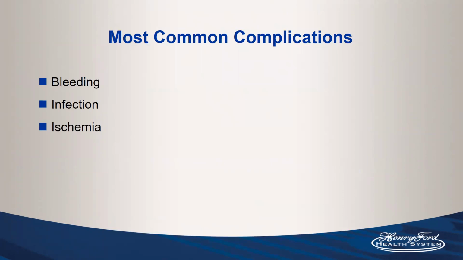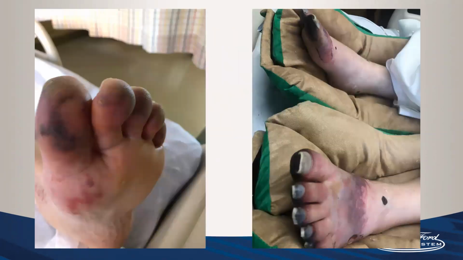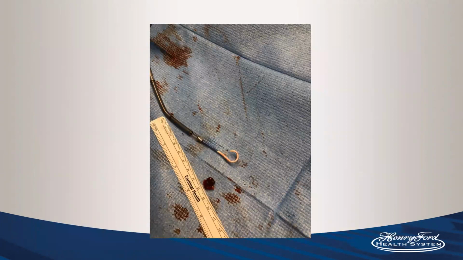Talk about some of the complications. So what is happening here? Yep. This is just showing by the ruler, you see little clots.